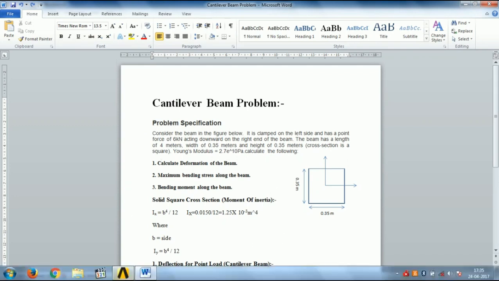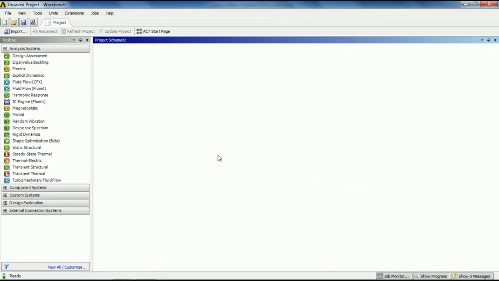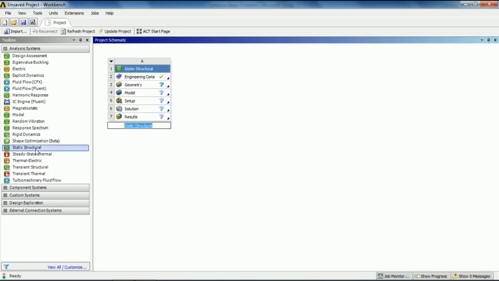So let's get into ANSYS Workbench. Go to the static structural module and double click on it to drag and drop into the project schematic window. Now double click on the static structural and rename it as cantilever beam problem. Step one is to give the engineering data.